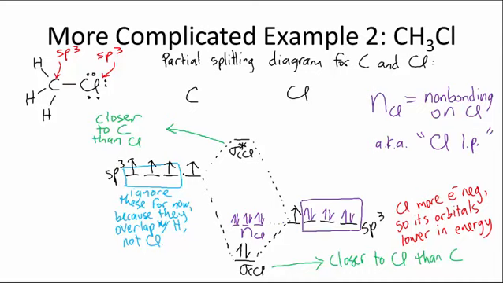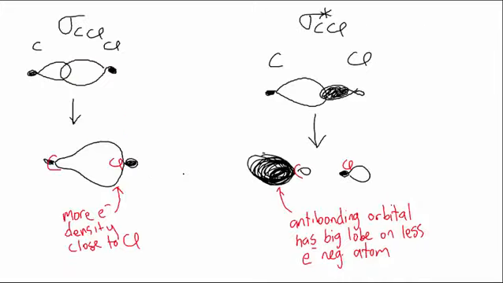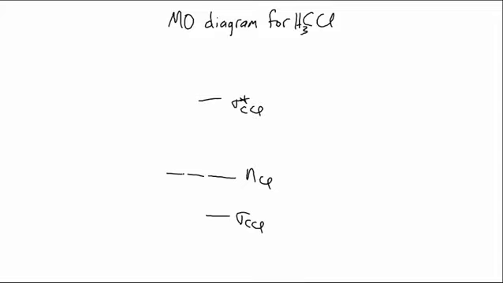Well, since hydrogen is not as electronegative as chlorine, hydrogen's orbitals don't start as low in energy as chlorine's do. And so the bonding orbitals and the antibonding orbitals that it makes won't end up as low in energy. In other words, I already have these.